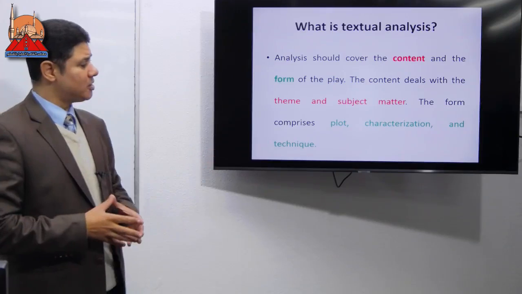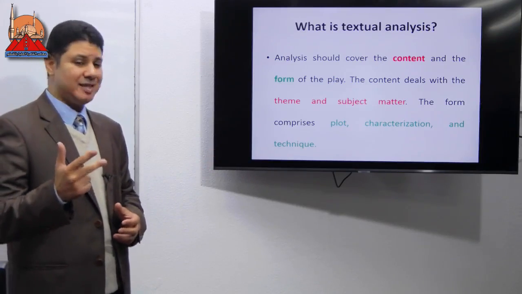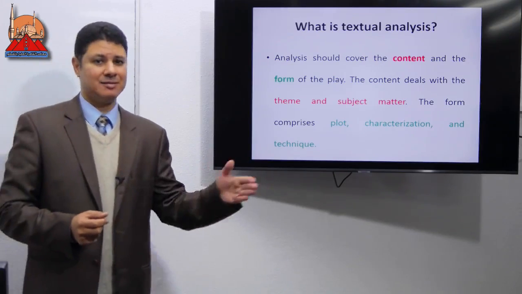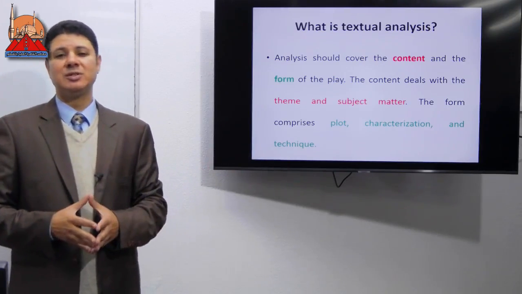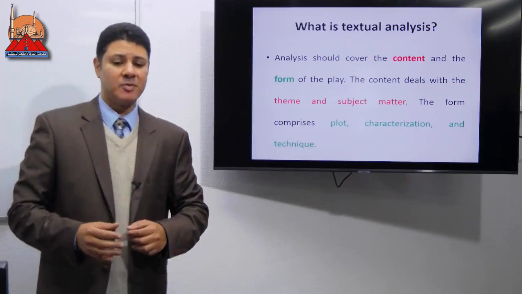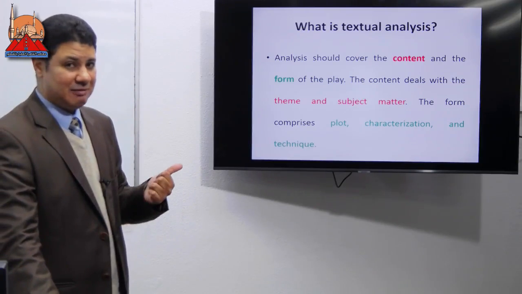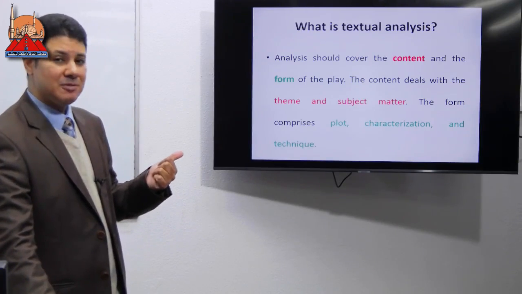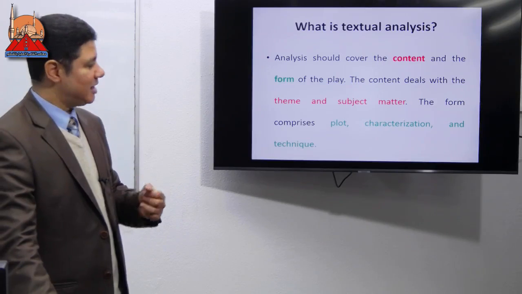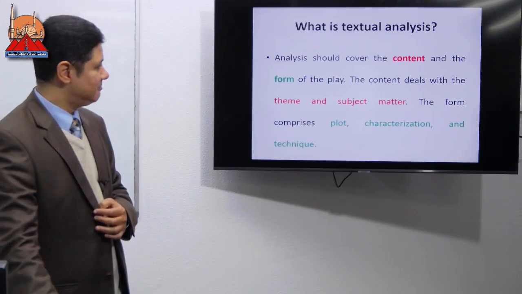And the form comprises the plot, characterization, and technique, and we had understood the three terms. That's why we started with the definitions before going into detail to show how you can analyze a play.